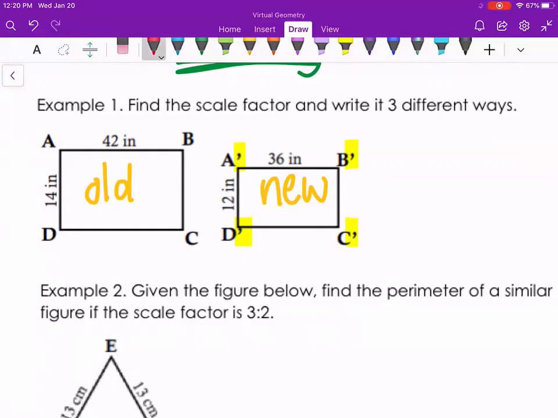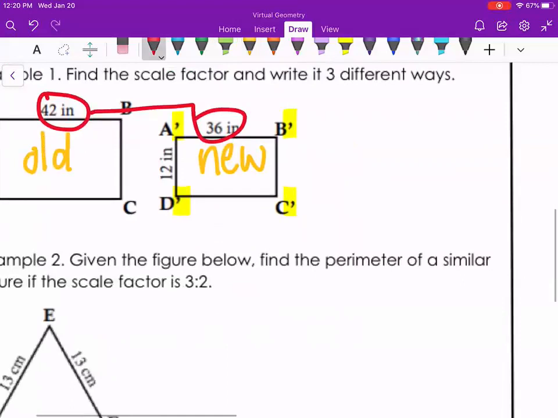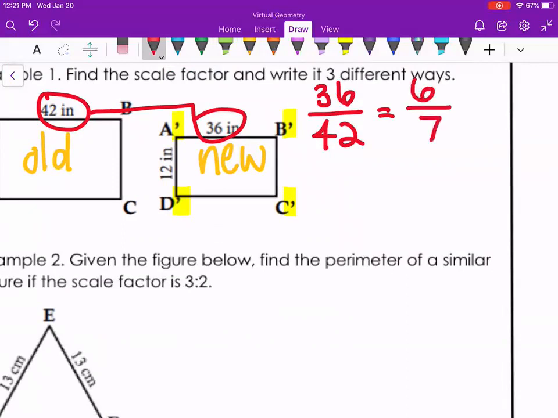We need to compare new stuff over old stuff. Let's start with our matching pieces on the top. 36 over 42. We need to simplify this fraction. 6 will go into both of these numbers, so they're both divisible by 6. 6 goes into 36 6 times. 6 goes into 42 7 times.